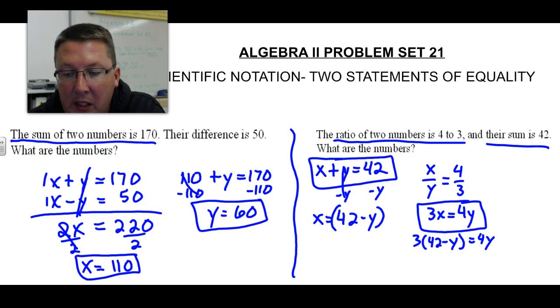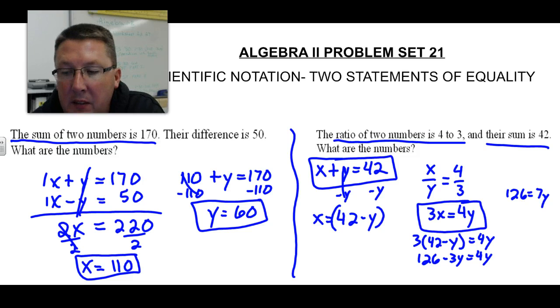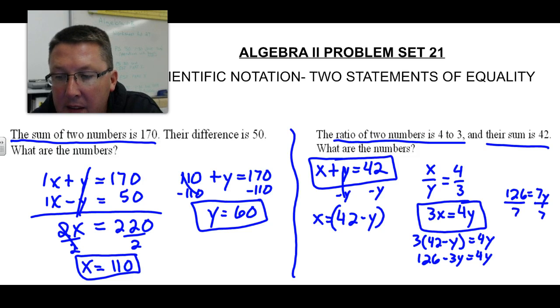If I distribute 3, that is 126 minus 3y equals 4y. Add 3y to both sides, I get 126 equals 7y. Divide both sides by 7, and we get y is 18.